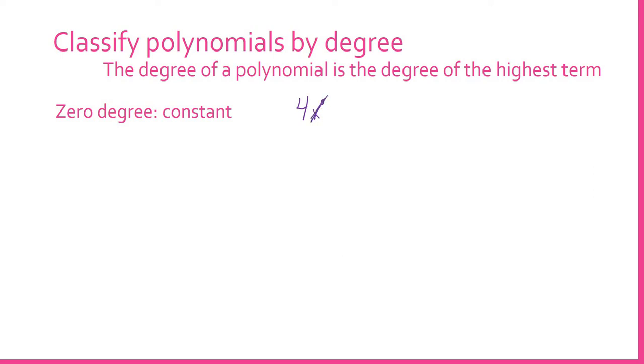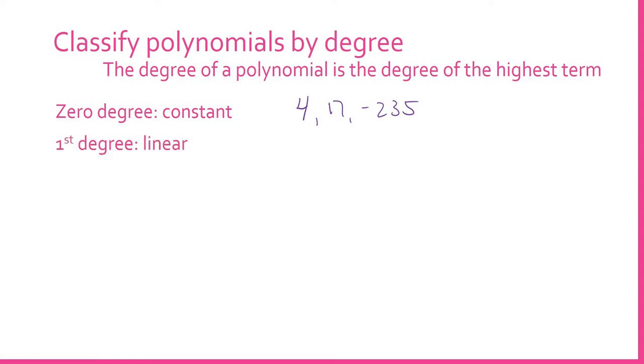In other words, there are no variables, so the power of the variables is 0. Another word for that is a constant. So any constant, 4, 17, negative 235, these are all 0 degree constants.